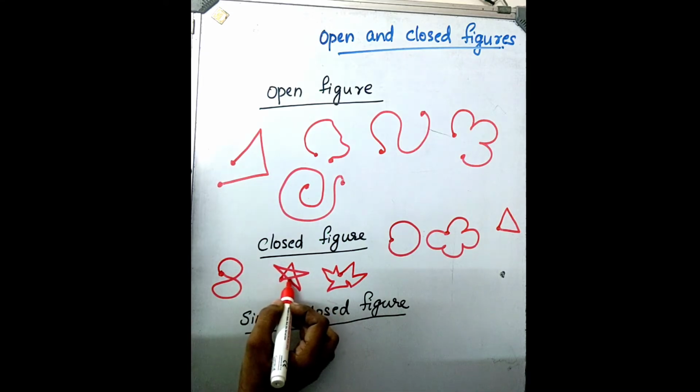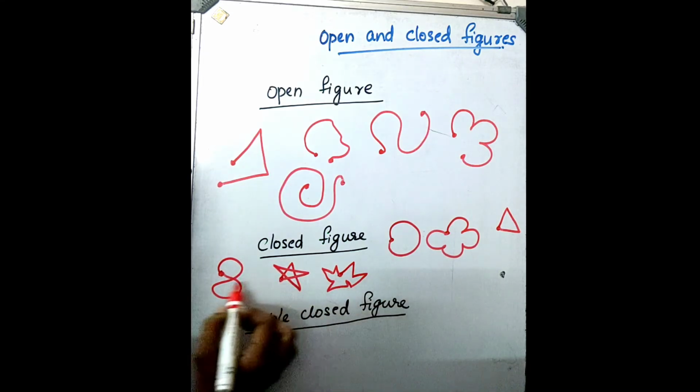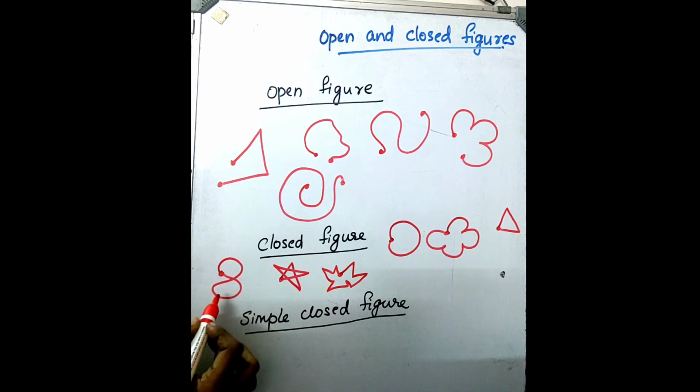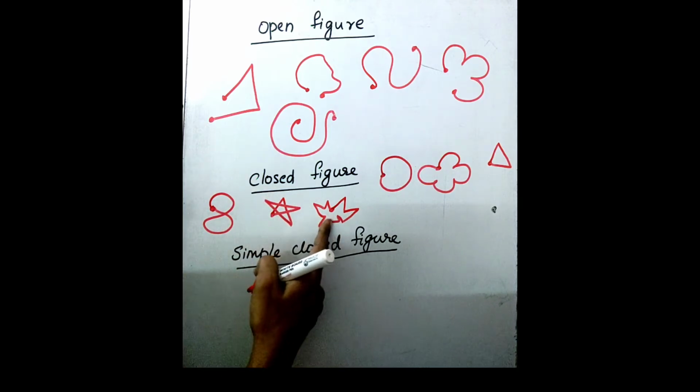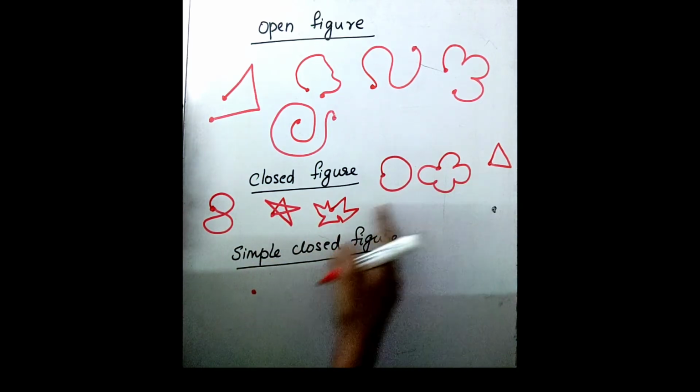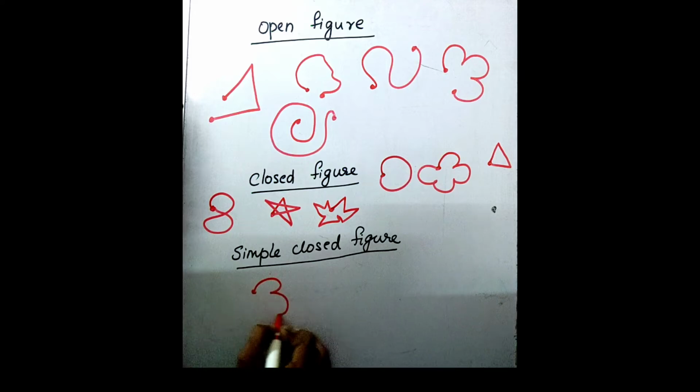Here the shape or figure crosses. Here the shape crosses itself. When the closed figure does not cross itself, this type of figures are called a simple closed figure.